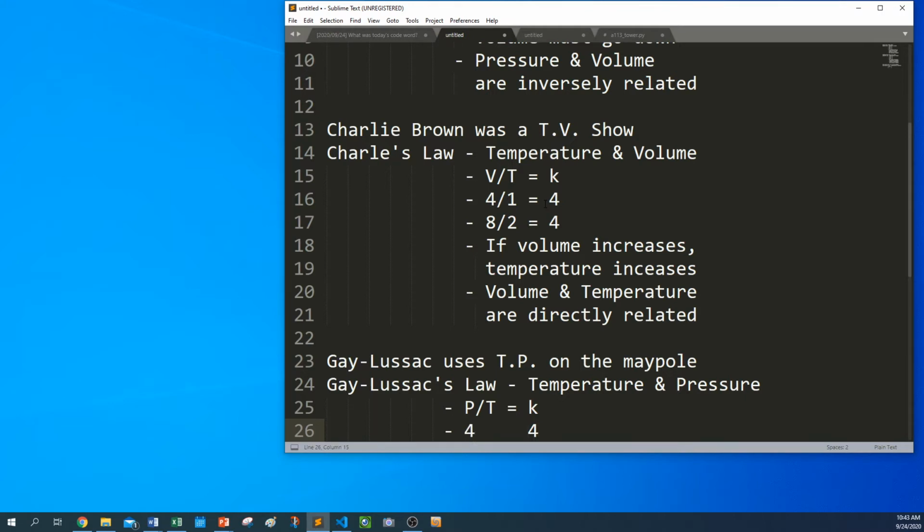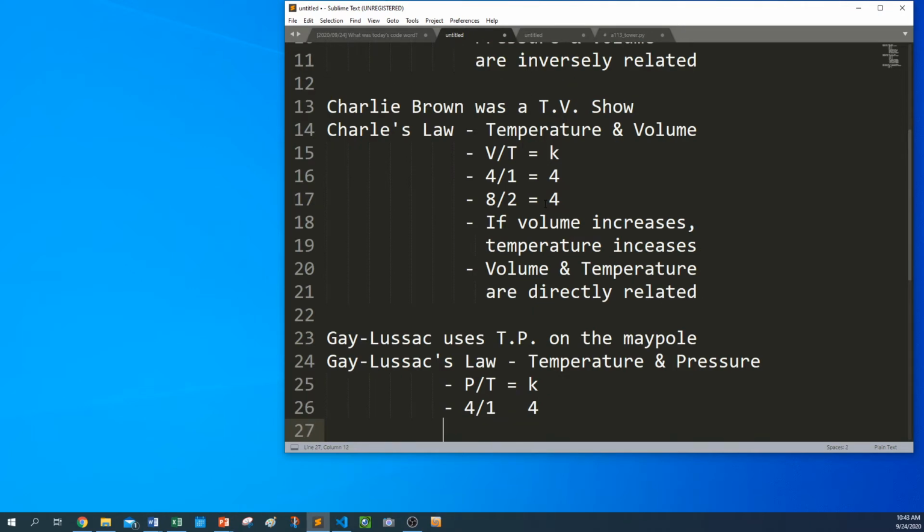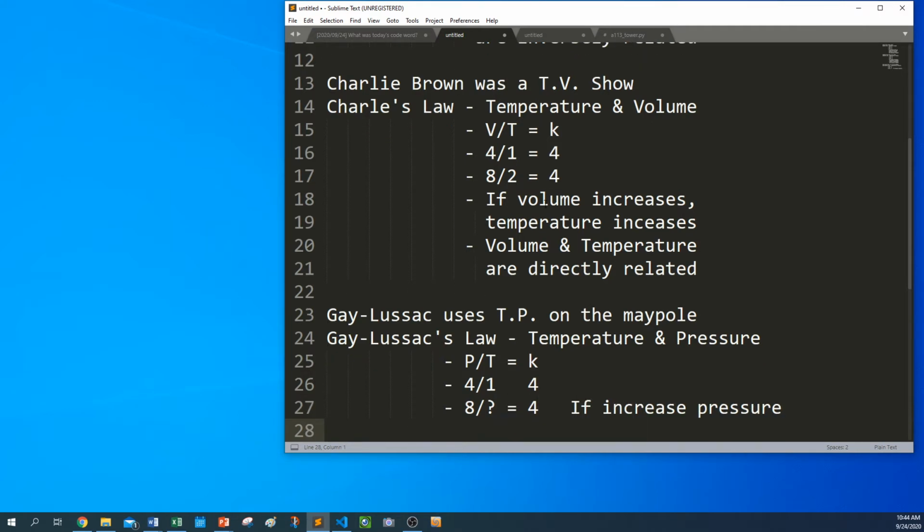Note, this is the same thing as last time. So I could have 4 divided by 1. If I increase pressure, the constant's going to have to stay still.